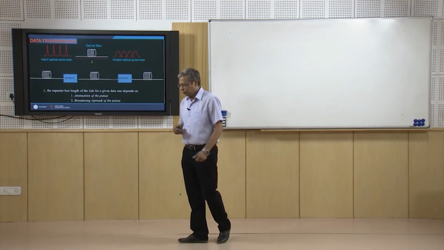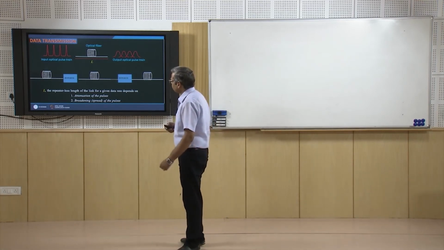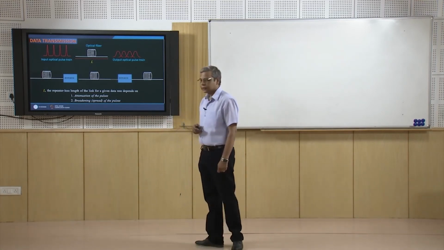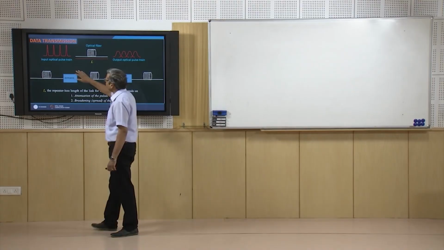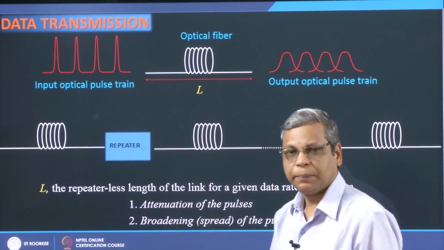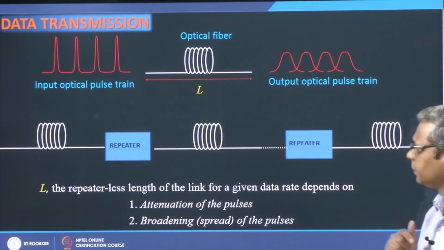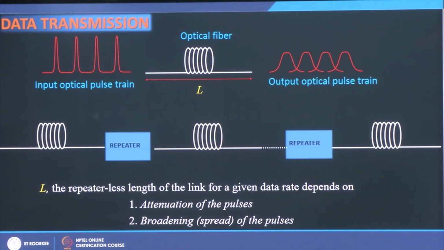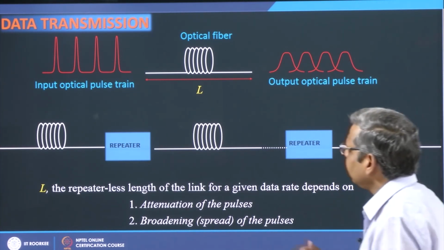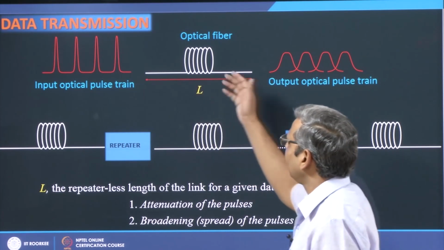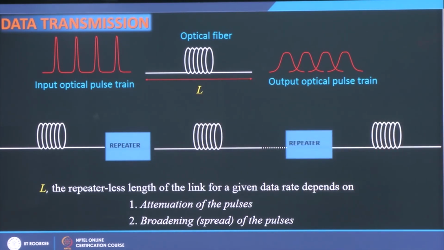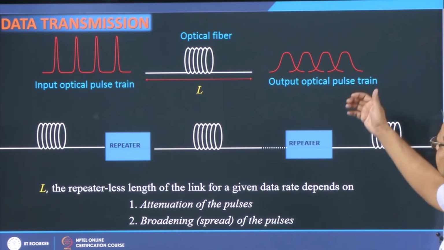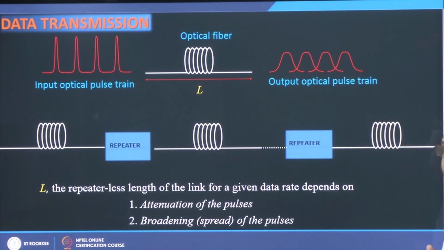So, let us look at the propagation of optical pulses through an optical fiber. If I have my data encoded in an optical pulse train, a sequence of zeros and ones, and I send this pulse train through an optical fiber, then at the output end the shape of the pulses becomes something like this.